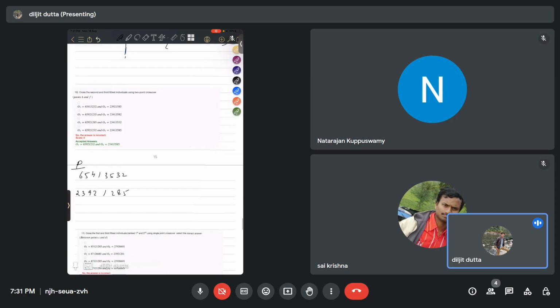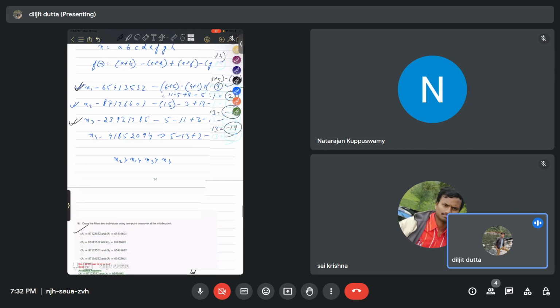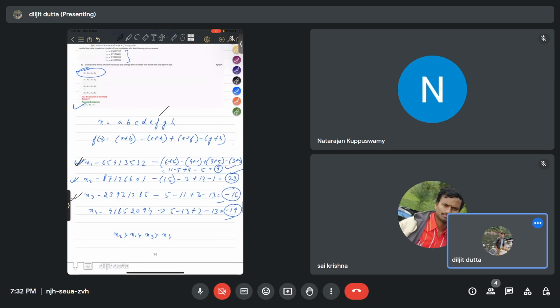We have to cross over at two sites, B and F. F is the third from the last, and B is the second from the first.